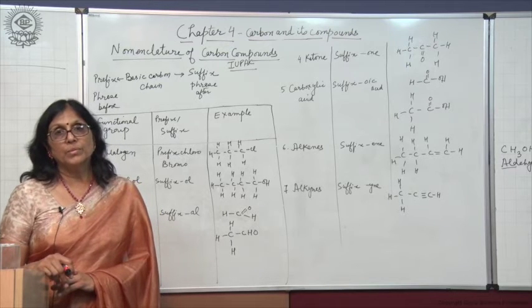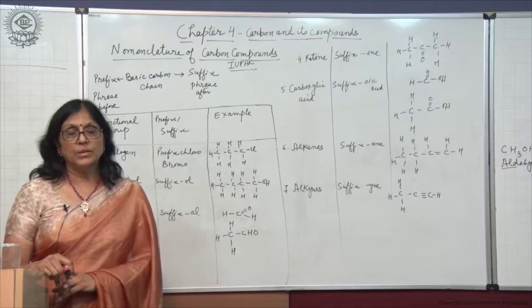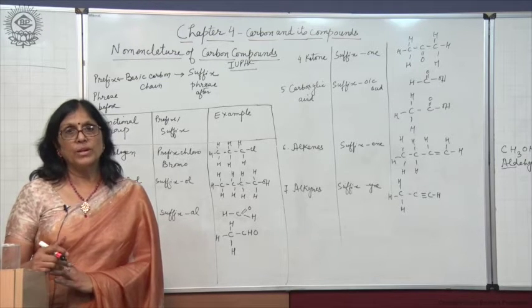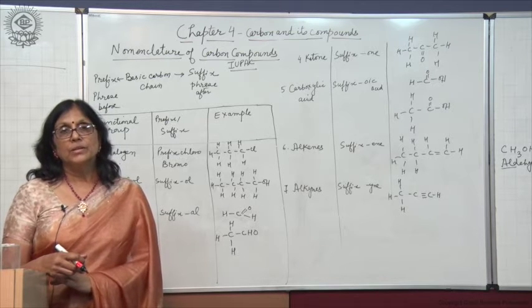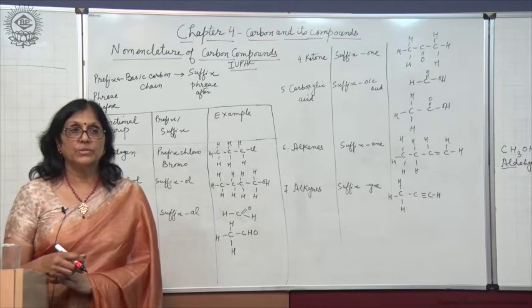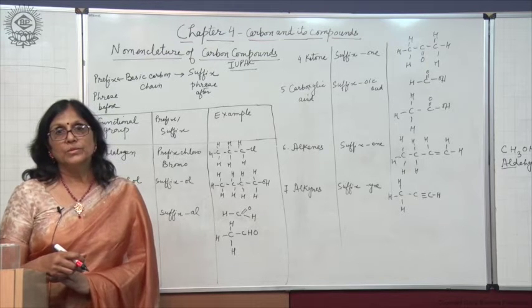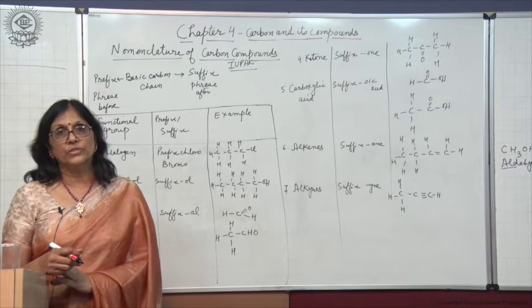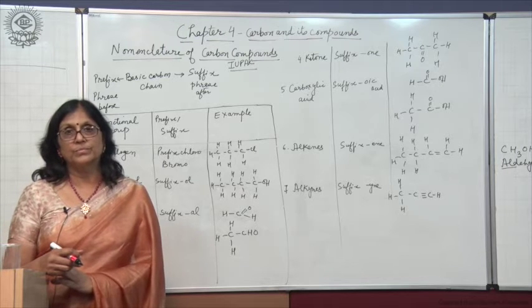Nomenclature of carbon compounds. How should these carbon compounds be named? There are common names which may be different in different countries, but there are IUPAC names which are similar all over the world. So, the same system is followed everywhere, and there are certain rules that we will discuss on how to name the carbon compounds.